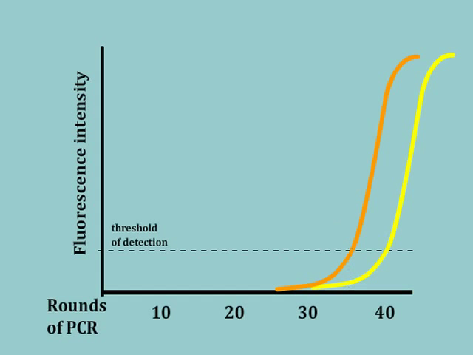And if there were 1,024 more target DNA sequences in the original sample, then the fluorescence signal will be detected 10 rounds earlier. So, the amount of specific DNA in the clinical sample is determined by reference to the round of PCR in which the amount of fluorescence first crosses the threshold of detection.